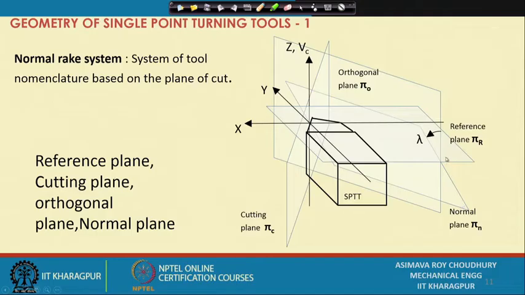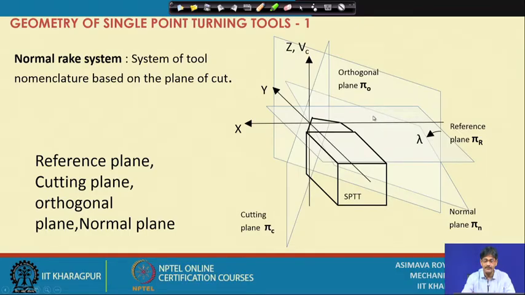Ordinarily, what is this one plane that we are having here? This is the orthogonal plane. First of all, if we start with the cutting edge, this is our cutting edge. The plane containing the cutting edge and also the velocity vector is the cutting plane. Perpendicular to the cutting plane and perpendicular to the reference plane, we have the orthogonal plane.